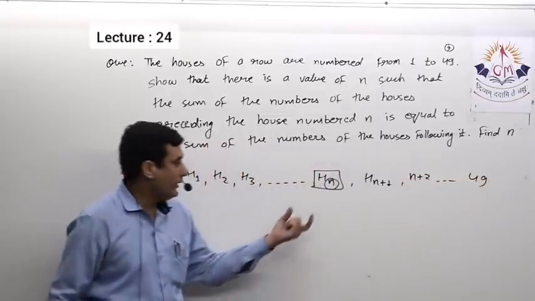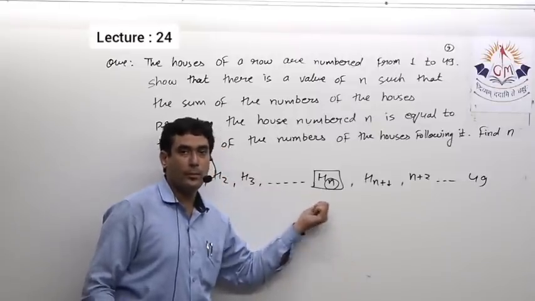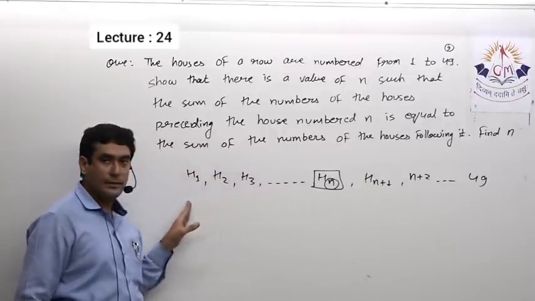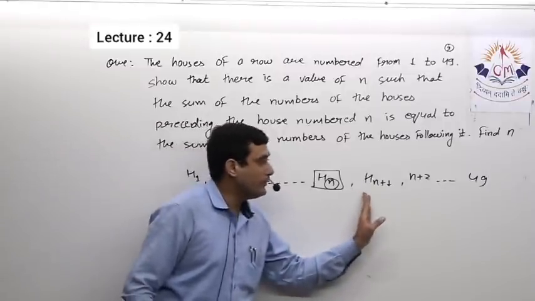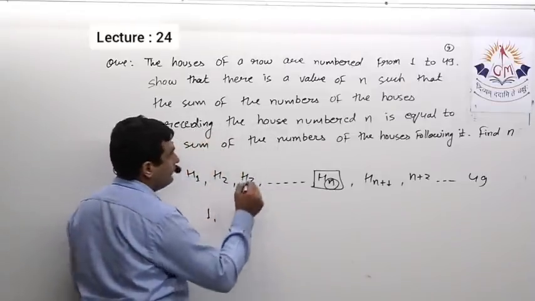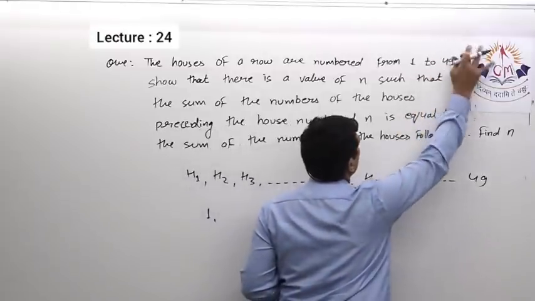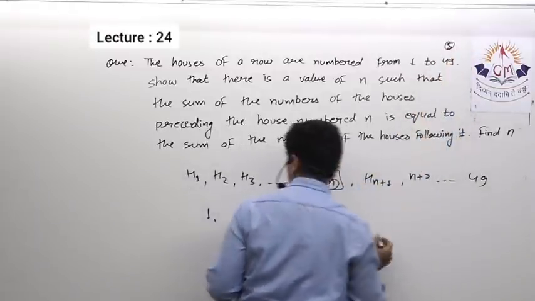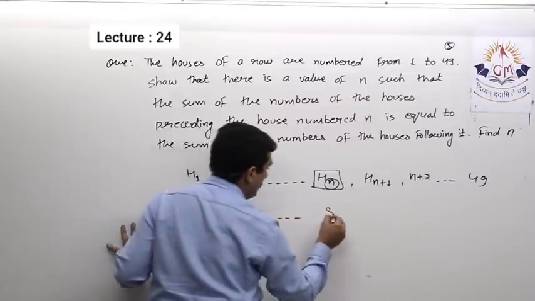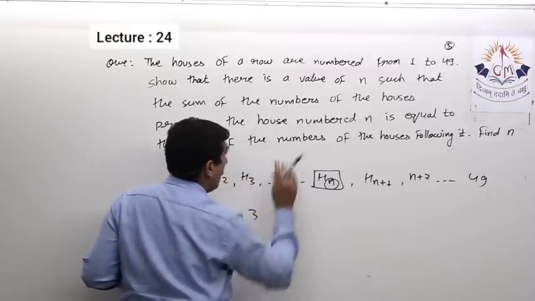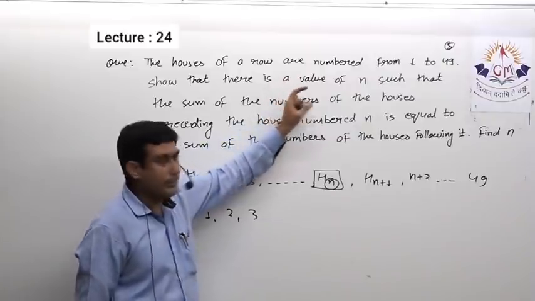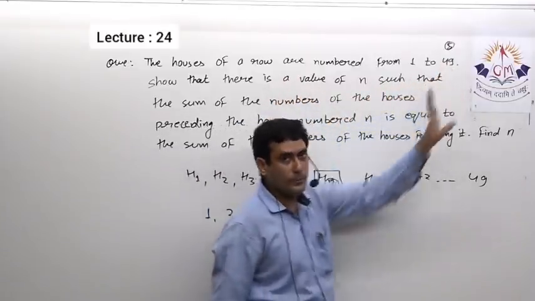Now what we have to find is the number of this house in such a way that the sum of the numbers preceding it is equal to the sum of the numbers after it. Now I am taking one example. Suppose it is up to 8 for a while: 1, 2, 3, up to 8.